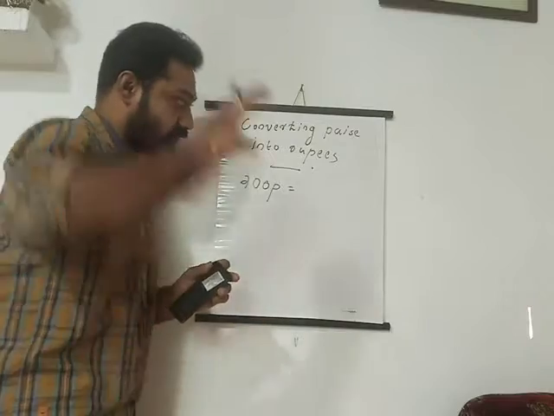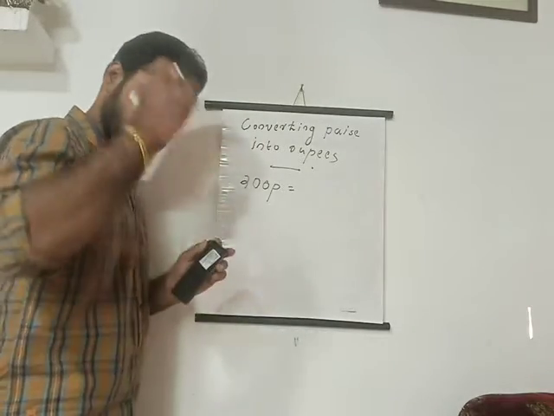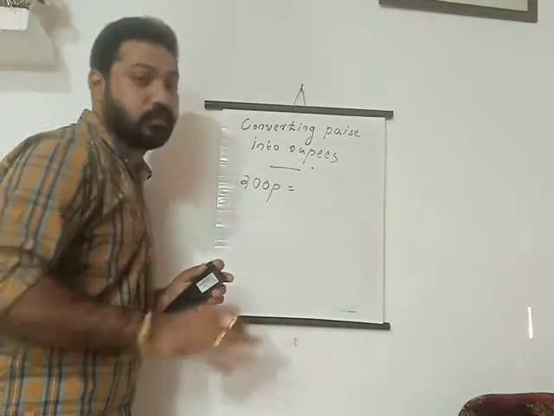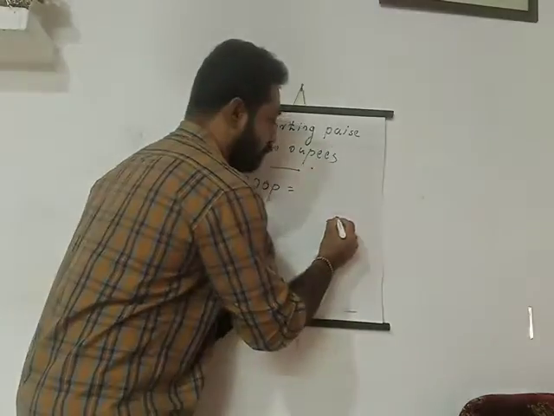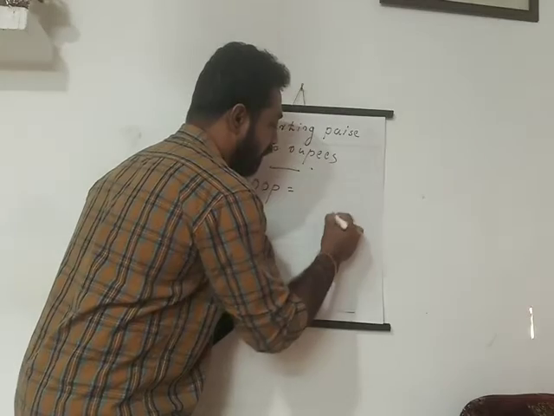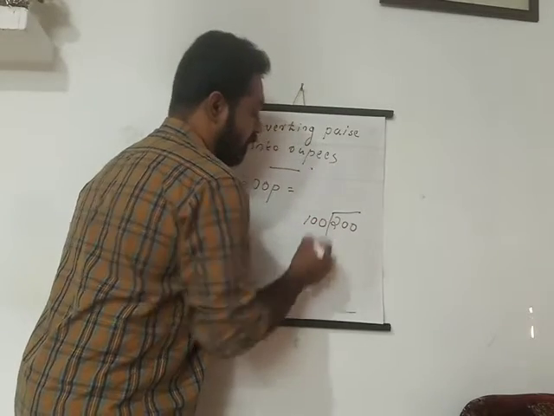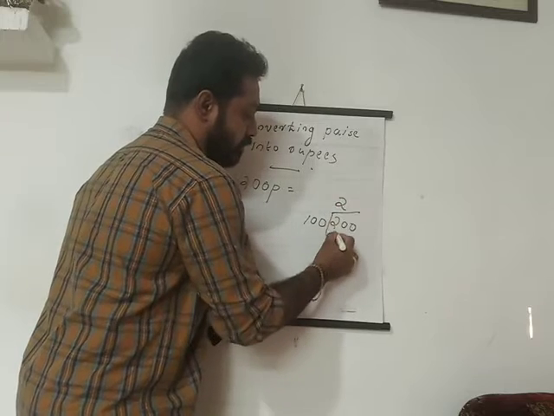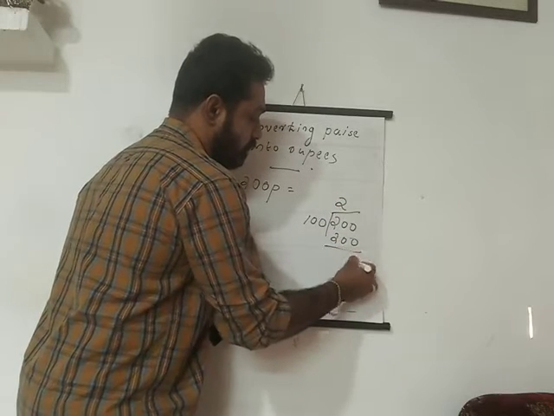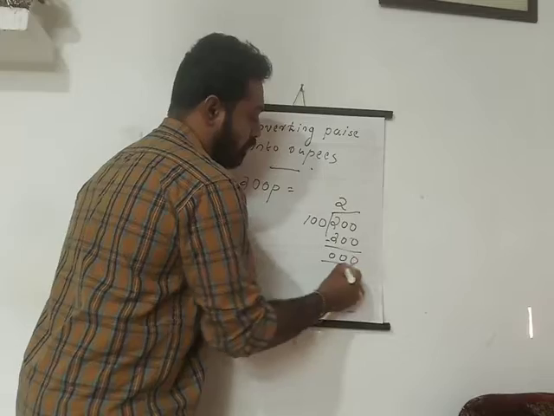To convert rupees into paise we multiplied. Here, to convert paise into rupees we need to divide by 100. So 200 divided by 100. How many hundreds make 200? That means 2 hundreds. So we got the answer.